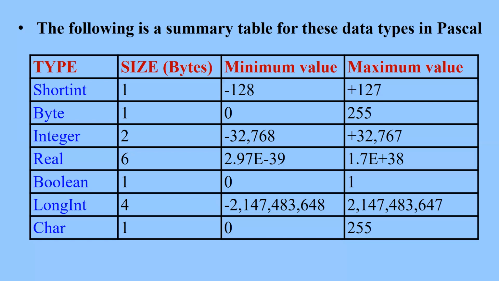So if you have to operate with a higher value than that, you use integer. The size of integer is 2 bytes. That can accommodate a minimum value of negative 32,765 and a maximum of positive 32,767. So that is a little bit higher.